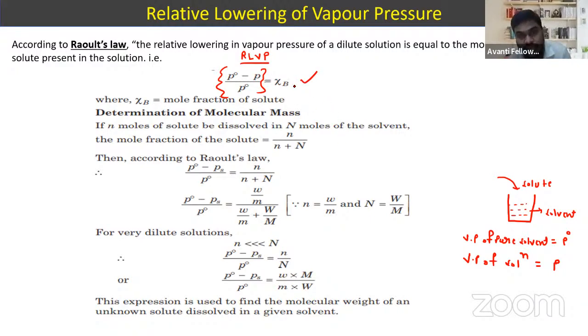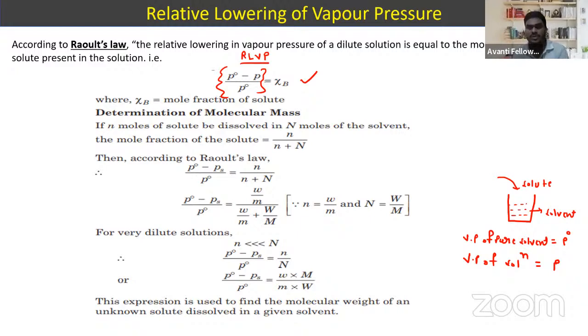This is the mole fraction of the solute. XB means mole fraction of the solute. Is it clear to you? Please tell me, any doubt related to this? What is relative lowering in vapor pressure? Is it clear to everyone up to here?